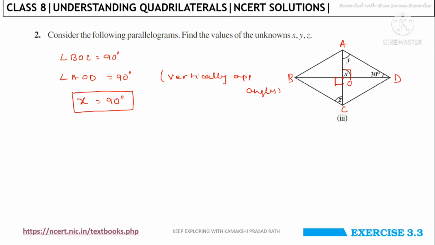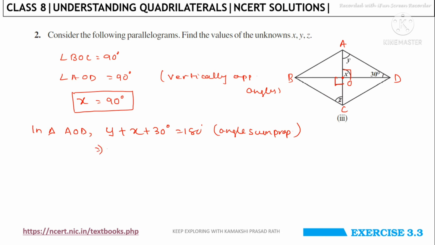Next, we can see here in triangle AOD, we have three angles. That is Y plus X plus 30 equals 180 according to the angle sum property.